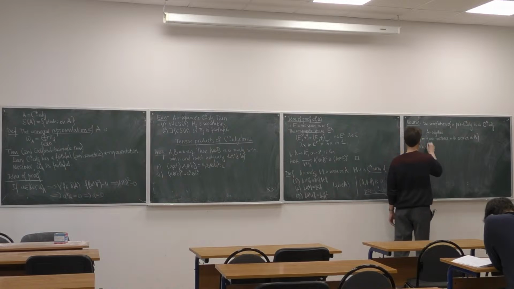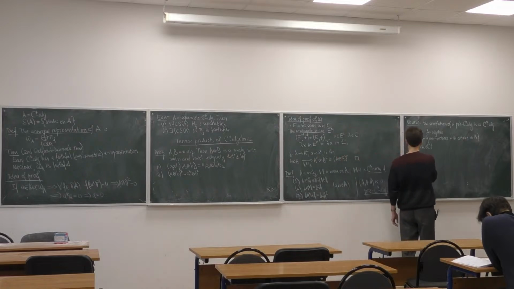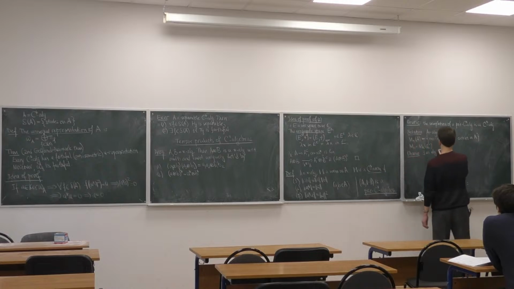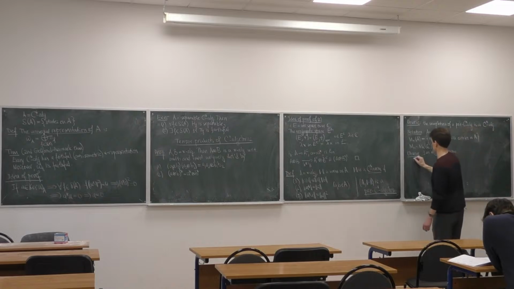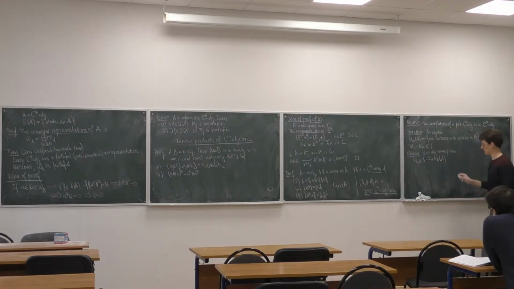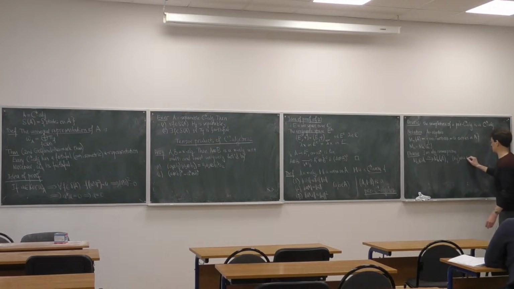So Mn is just Mn of C. And let's observe, it's a simple exercise, that for any algebra A, there is an algebra isomorphism between the tensor product of Mn and A and the algebra Mn of A, of matrices with entries in A, which is uniquely determined on elementary tensors by the following formula. So every elementary tensor goes to the matrix with entries alpha ij multiplied by A.